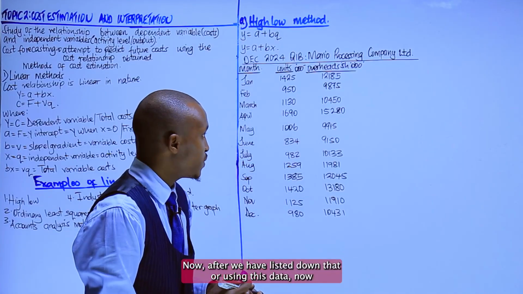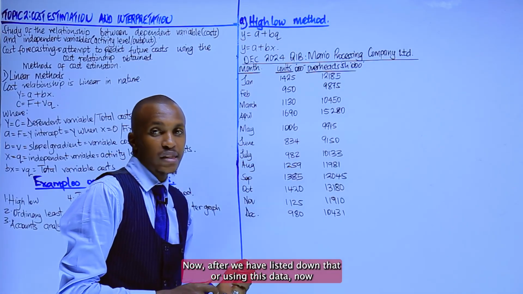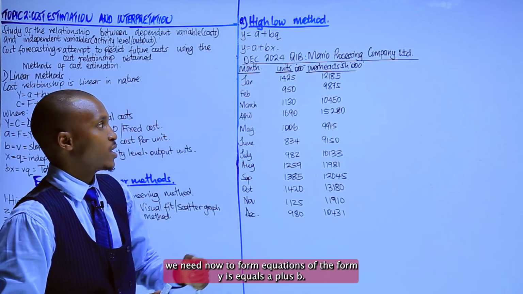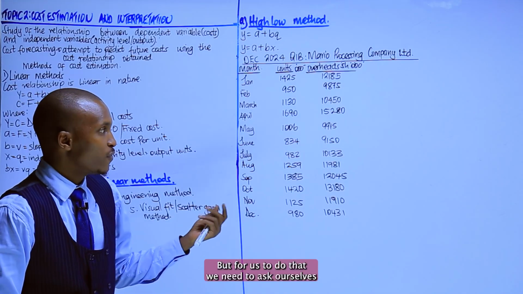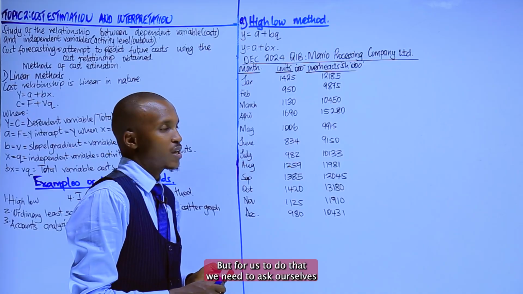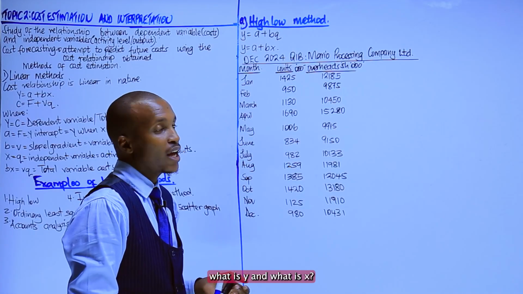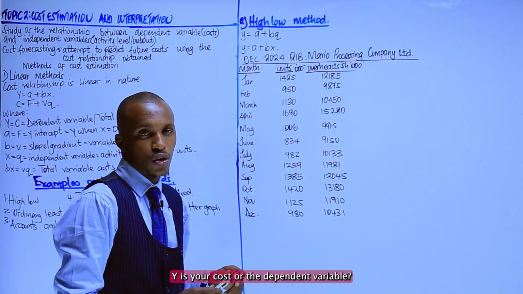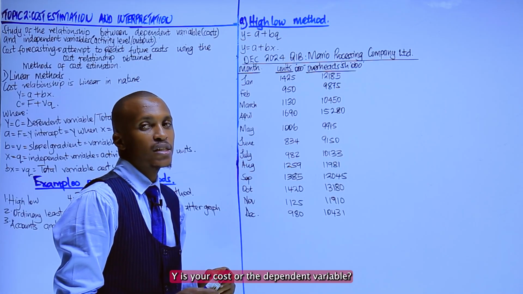Now, using this data, we need to form equations of the form y is equals a plus bx. But for us to do that, we need to ask ourselves, what is y and what is x? Y is your cost, or the dependent variable.